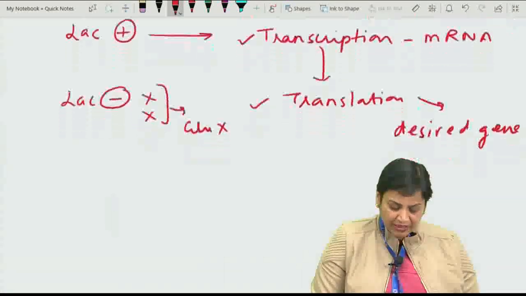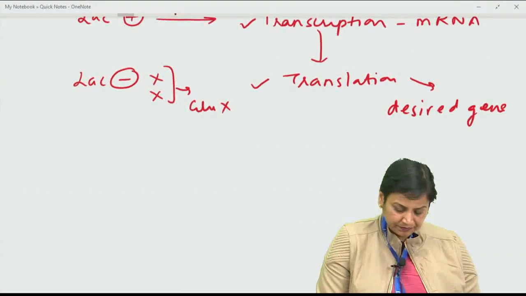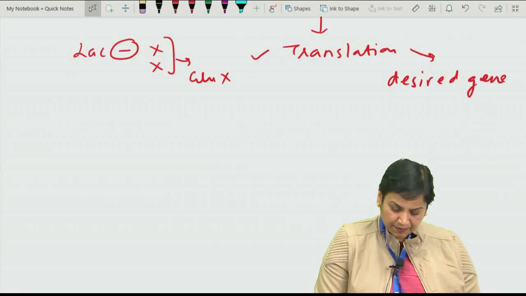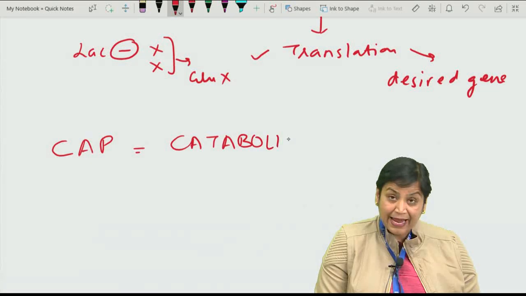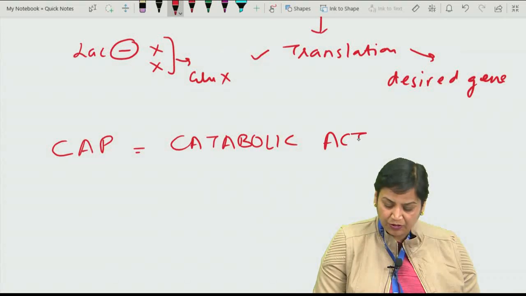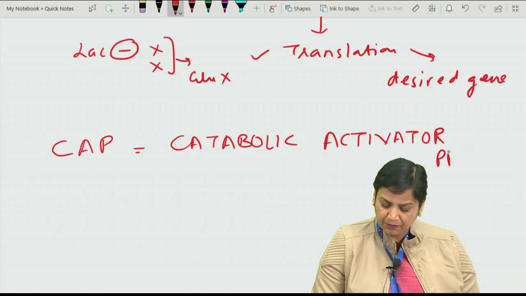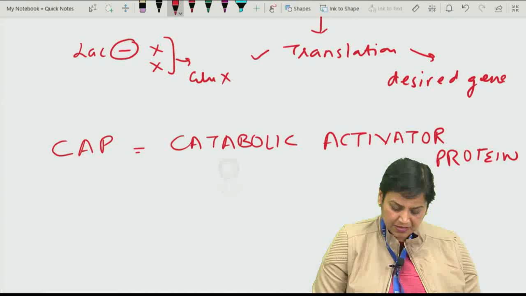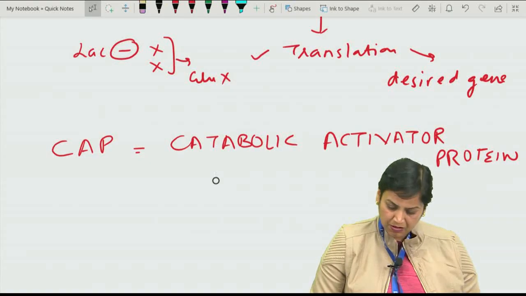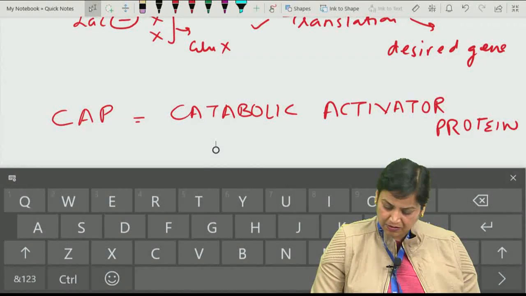Now here the question is regarding this CAP. This CAP is Catabolic activator protein. Now here we'll take two examples.